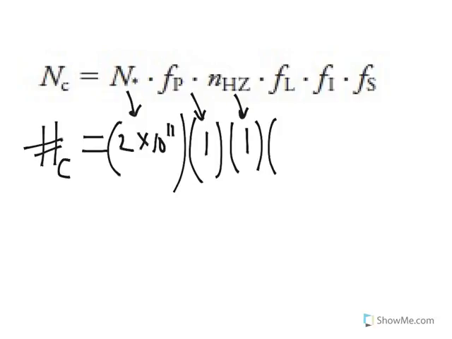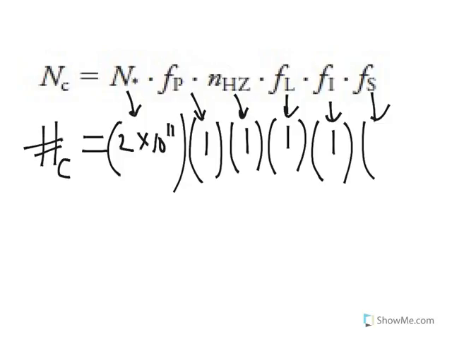The next one we're going to look at is f sub large L, the fraction of suitable planets on which life, such as bacterial life, begins, and once again we had chosen a fraction of 1. The next term we'll look at is the f sub small l. F sub small l is the fraction of planets where life evolved into intelligent life, and once again we chose the fraction of 1.